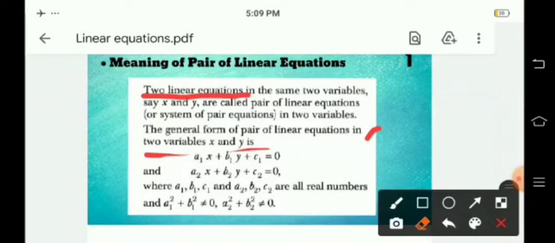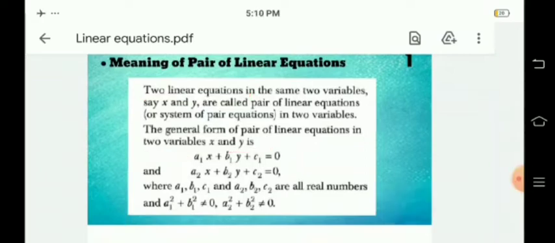This is the general form of a linear pair of equations where a1, b1 and c1 and a2, b2 and c2 are real numbers, and a1 square plus b1 square is not equal to 0. Also a2 square plus b2 square is not equal to 0.